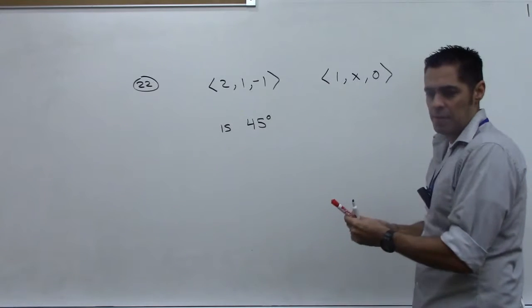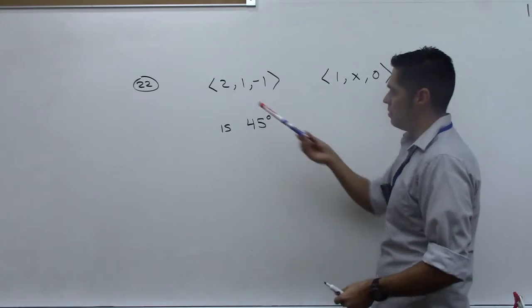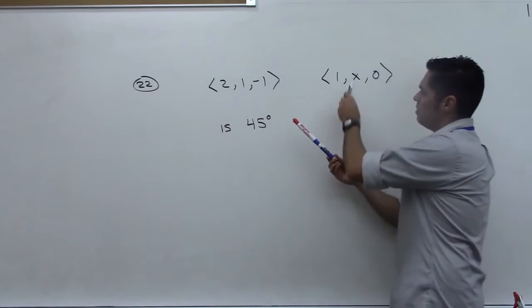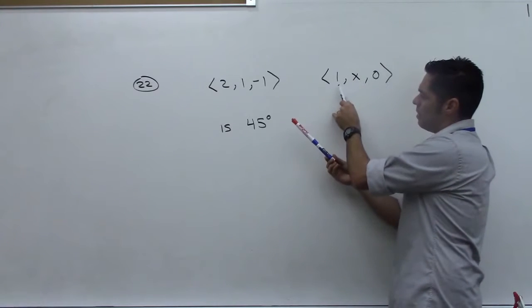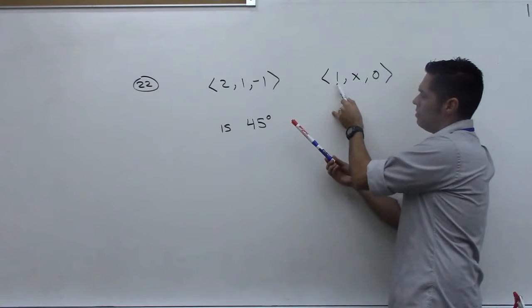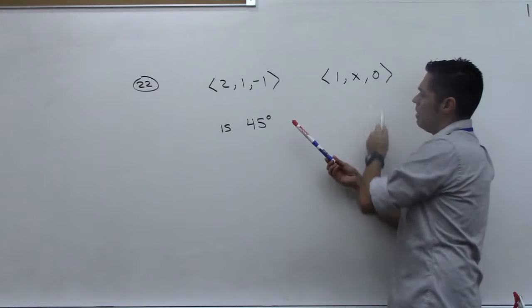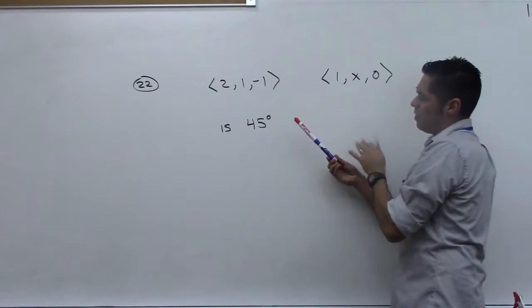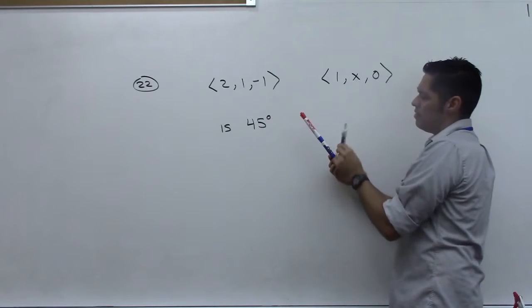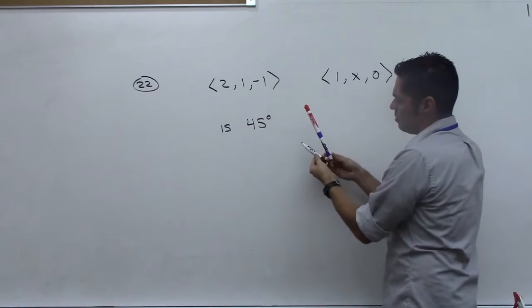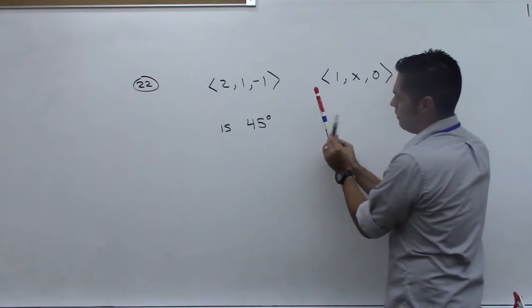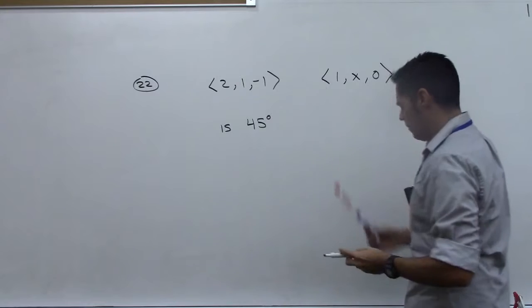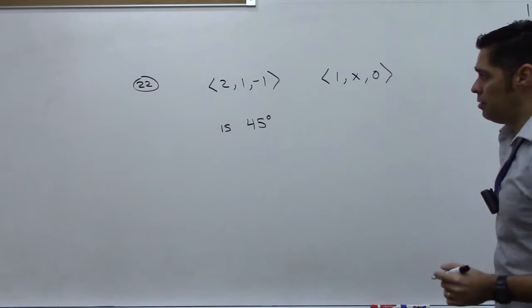If you look at it three-dimensionally, you have a vector sitting out here. This one's not moving. It's right there. This vector has some certain conditions. The x component is 1, the y component is 0, and the z component is free to be whatever we want. So maybe there's a way that we can find some vectors that'll always make an angle of 45 degrees with this vector. And so which ones do it?